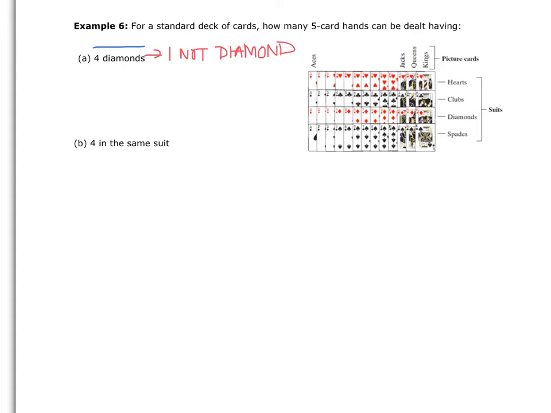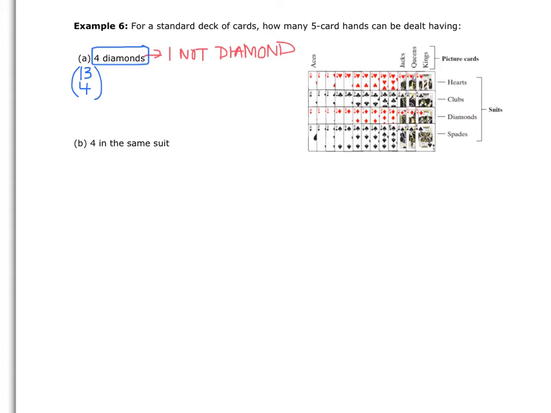If I have 4 diamonds, how many total diamonds are there in a deck of cards? I made you this little picture here. So these are all the diamonds. There's 13 cards that are diamonds, and we're going to choose 4 of them. So I'm going to write that as 13 choose 4 for the diamonds.